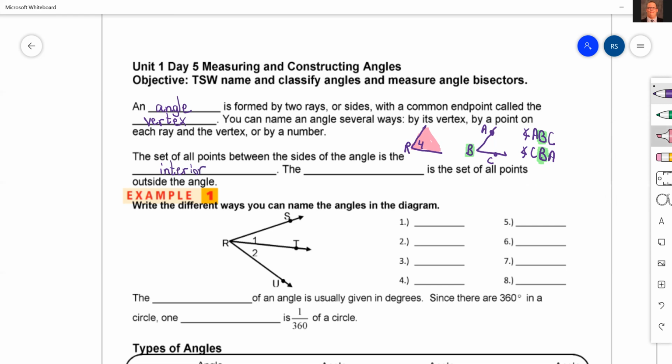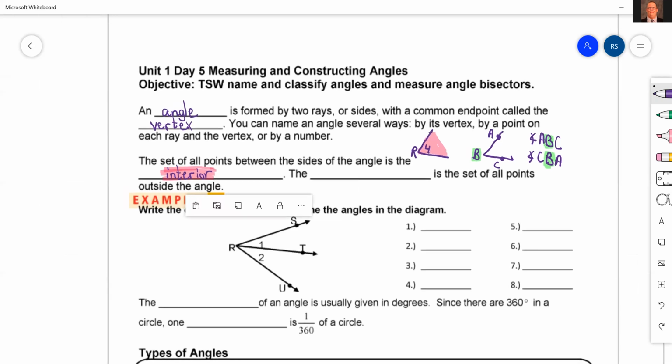So I'm going to highlight interior, just color coding my notes. So everything inside is the interior. Another way to think of this is if you take an interior design, what are you designing? Or if you want to be an interior designer, what do you want to design? The inside of a house. Interior, inside.